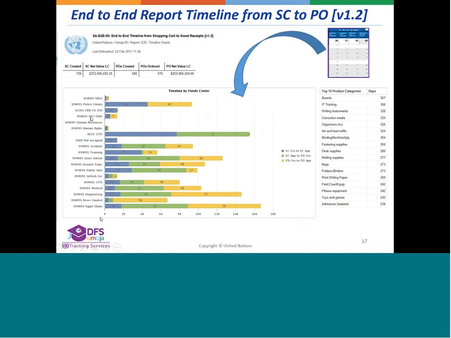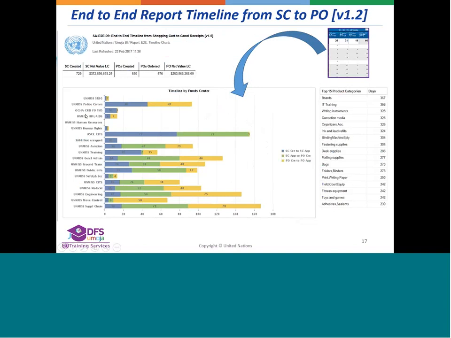In this case it is units. Here is the legend, the color code. In blue is the average time that it takes from a shopping cart to be created to be approved. Blue, 46 days, for example, in municipal.